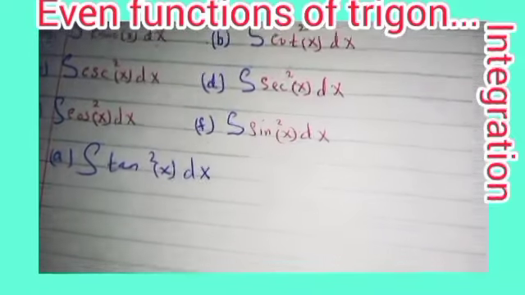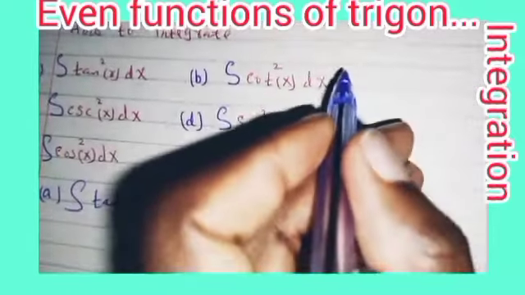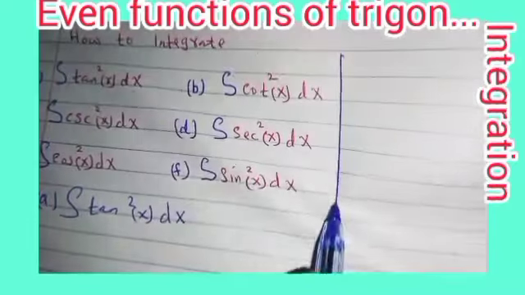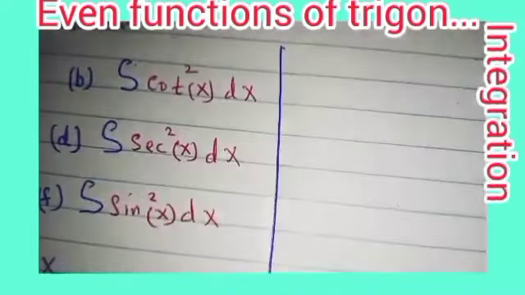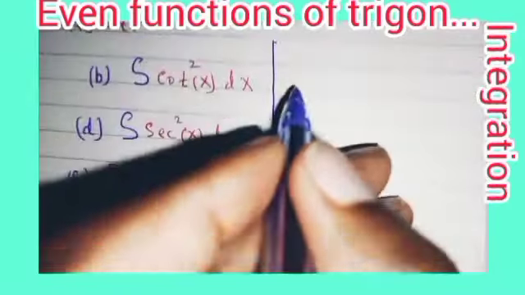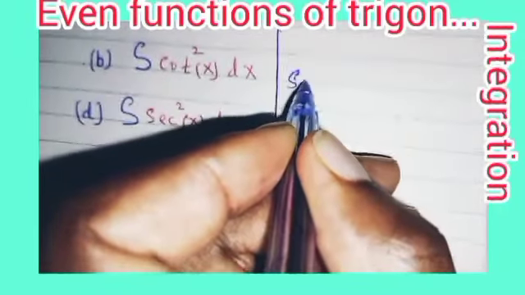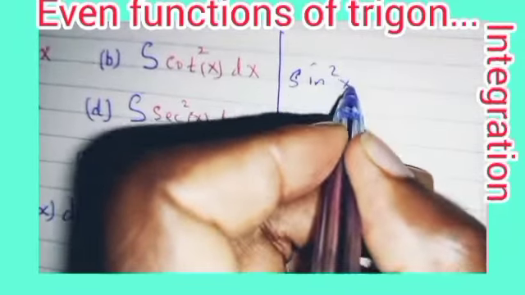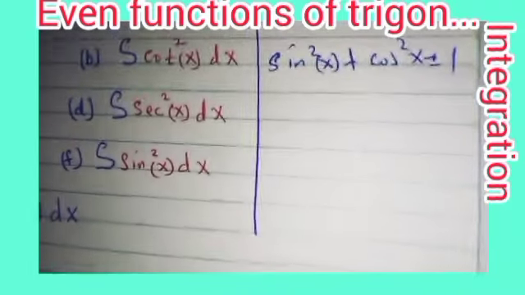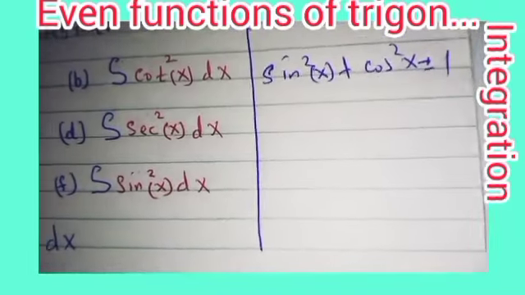Now to do this, this is the identity we are going to make use of here: sine squared x plus cos squared x is equal to 1.